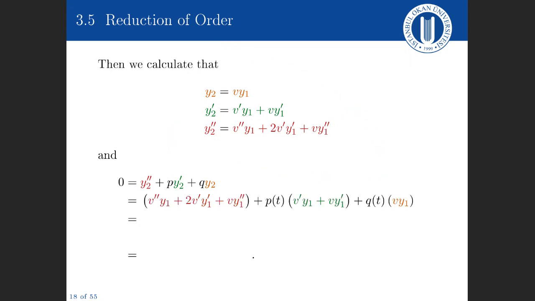So what we do is we substitute these orange, green, and red formulae in, and then we rearrange. We have v'' y1 + v'(2y1' + p y1) + v(y1'' + p y1' + q y1). And I'll leave this for you to check.